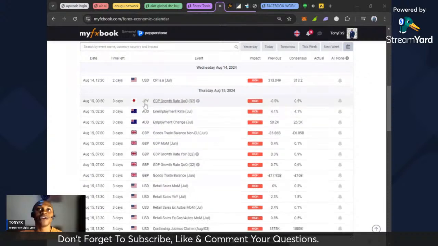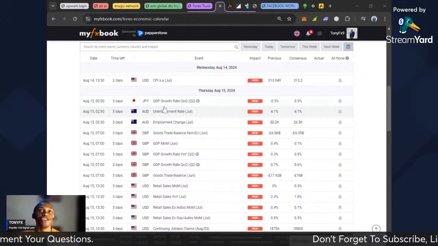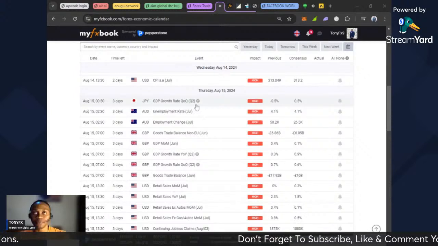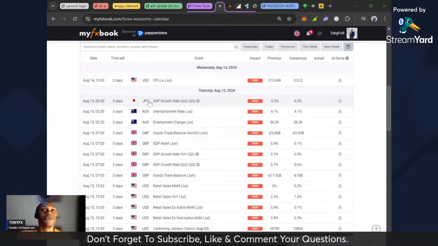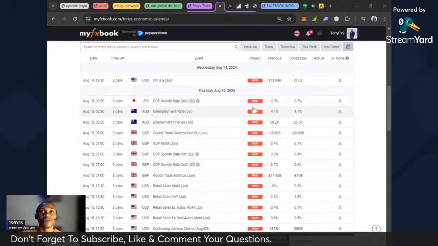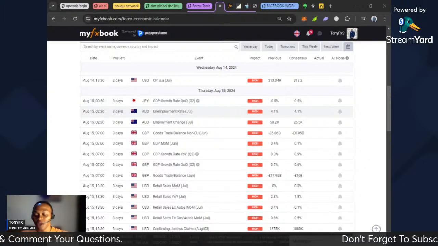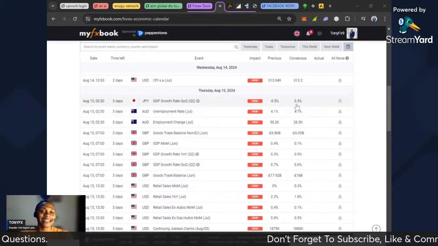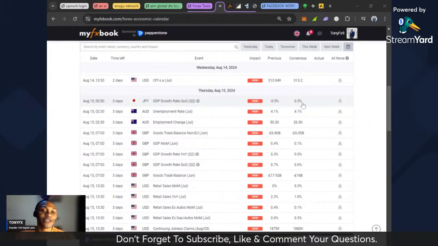Then on Thursday we have Japan GDP growth quarter over quarter. This is happening by 12:50 a.m. on Thursday morning. So if the GDP growth increases, okay, then it's going to give Japanese yen strength.